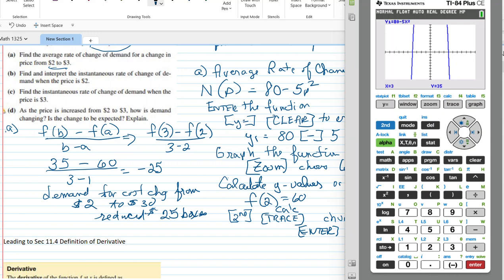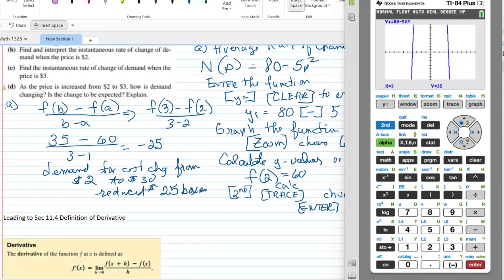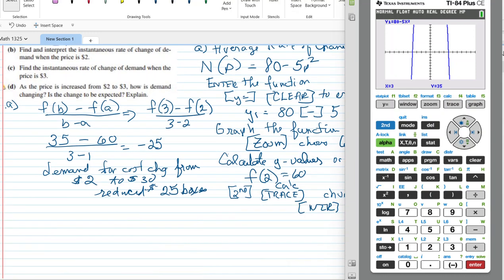All right. So now the B part. I know it's confusing a little bit, but I like the problem, so I wanted to do it. The B says find and interpret instantaneous change.